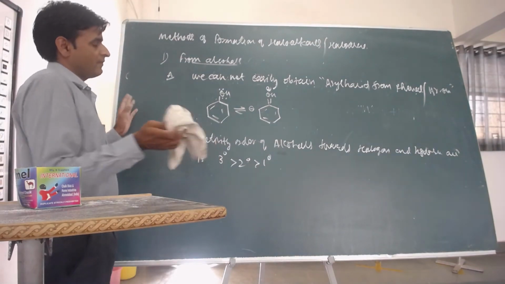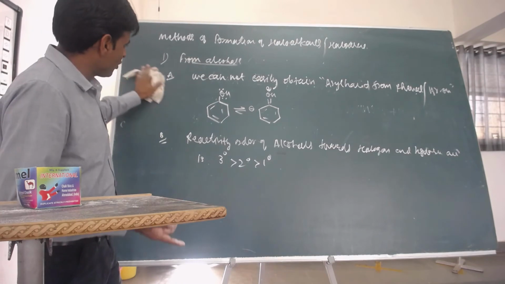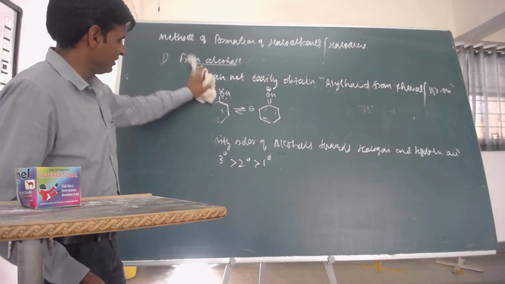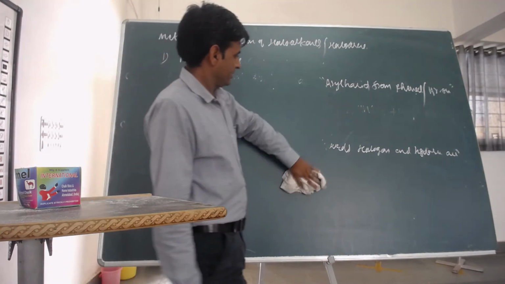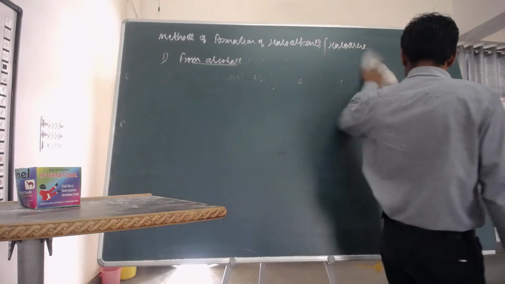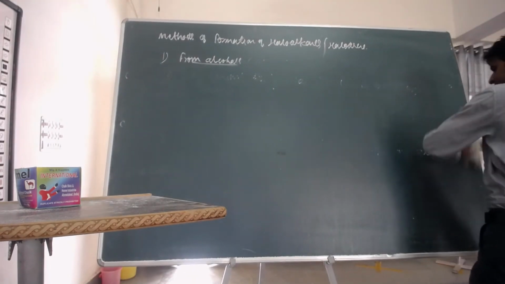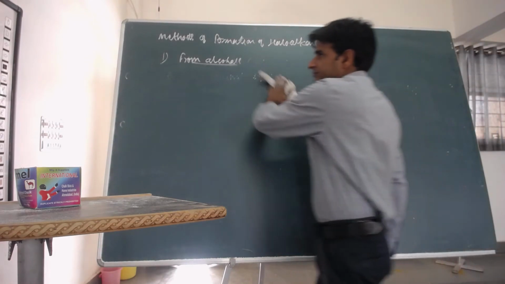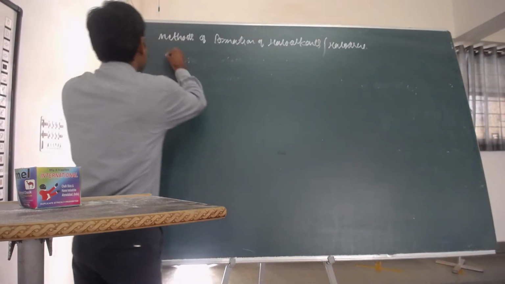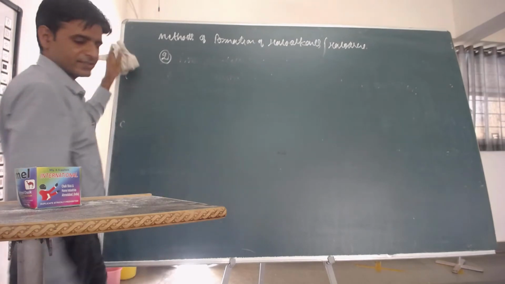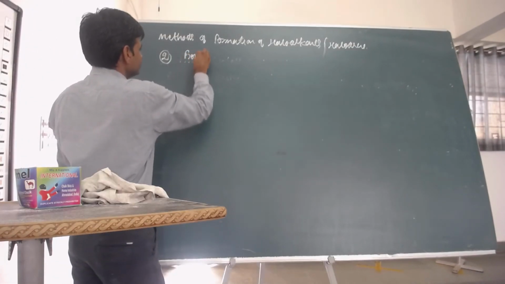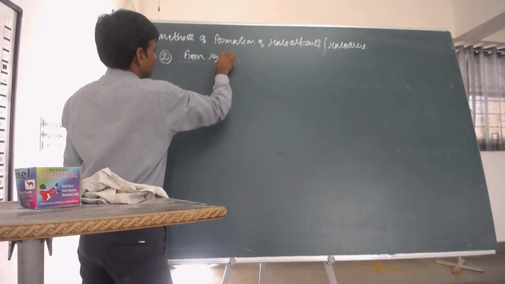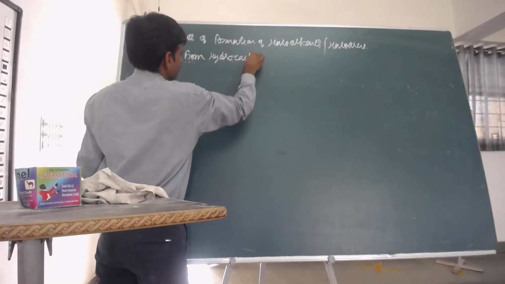Yes, the first topic: how can we obtain haloalkanes? We can obtain haloalkanes by the reaction of alcohols, and the second method is from hydrocarbons.